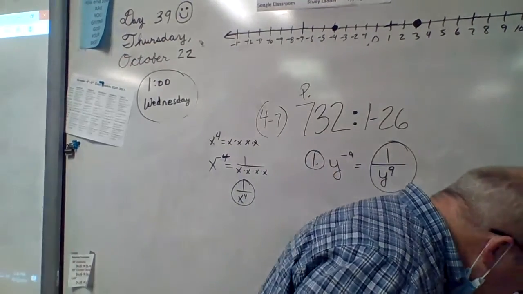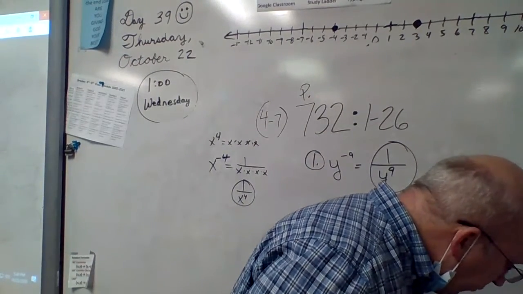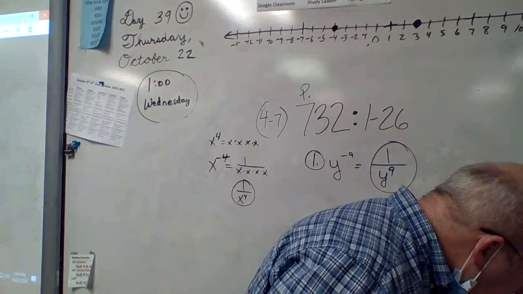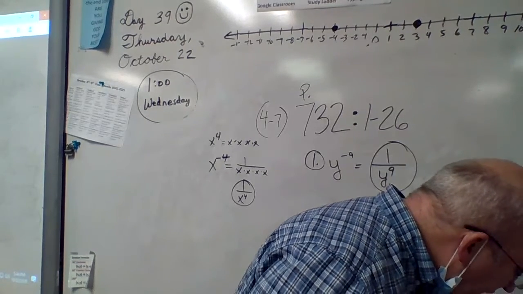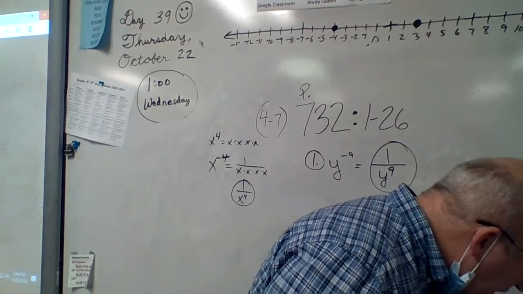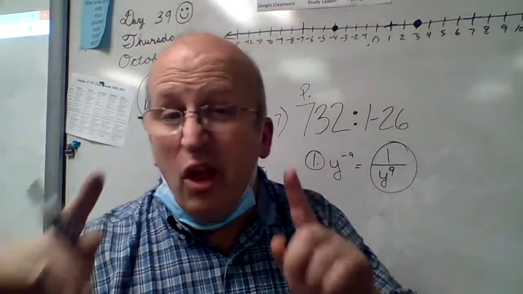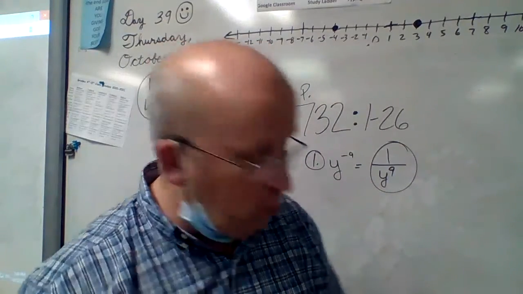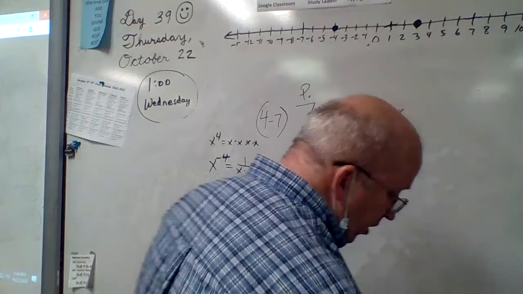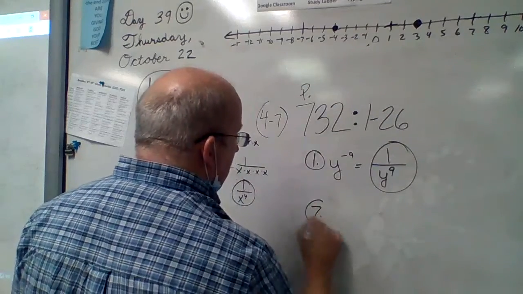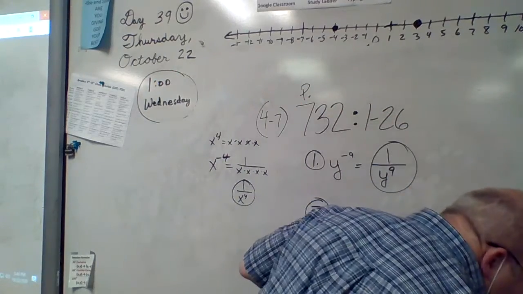How about number 7? Number 7, they're saying write each fraction as an expression using a negative exponent other than the number 1. Other than the number 1. And for number 7, they give us this value that they want us to change.